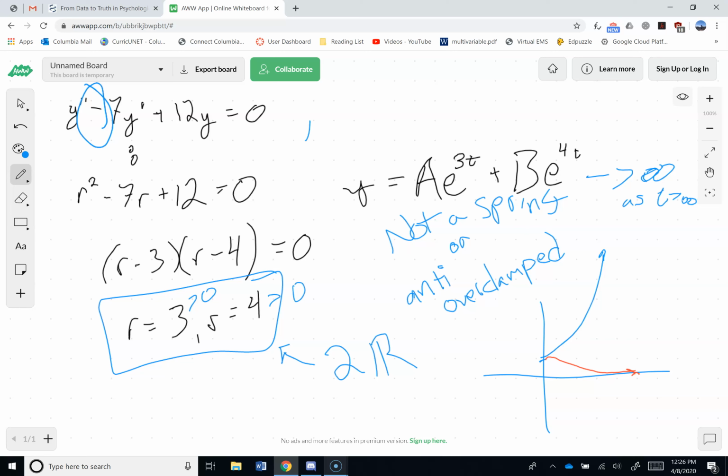Really what you're doing is using mass times acceleration, and I guess I shouldn't have a vector hat on that, is minus the frictive force times the velocity minus the spring constant times the displacement.